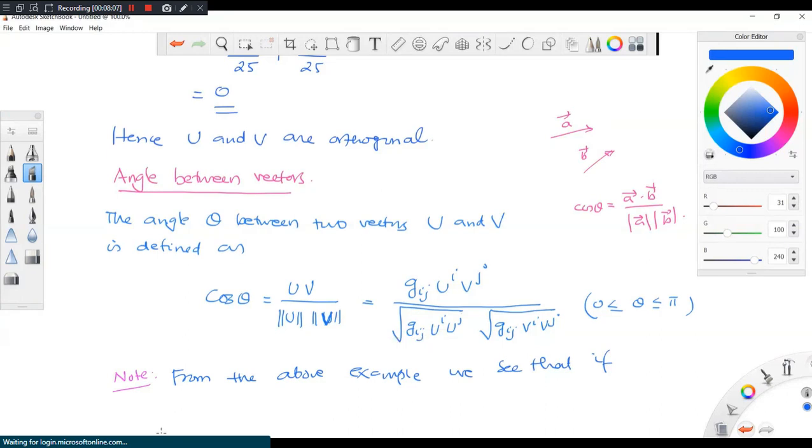Norm of the vector will not become 0, but the cos theta is equal to 0, which implies theta is equal to pi by 2. So the same meaning for that.